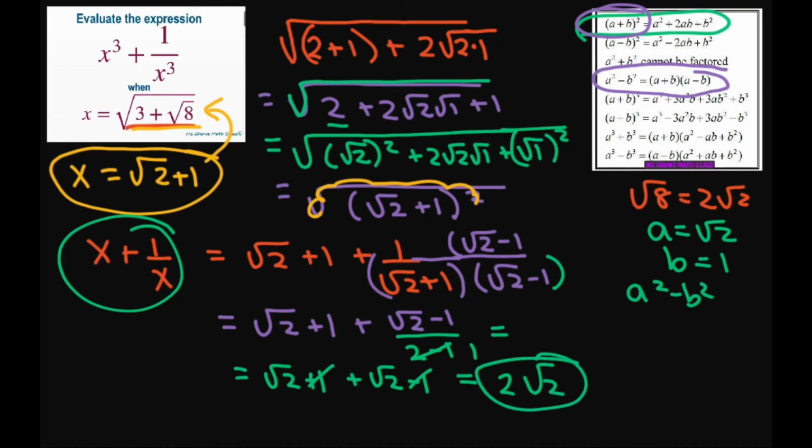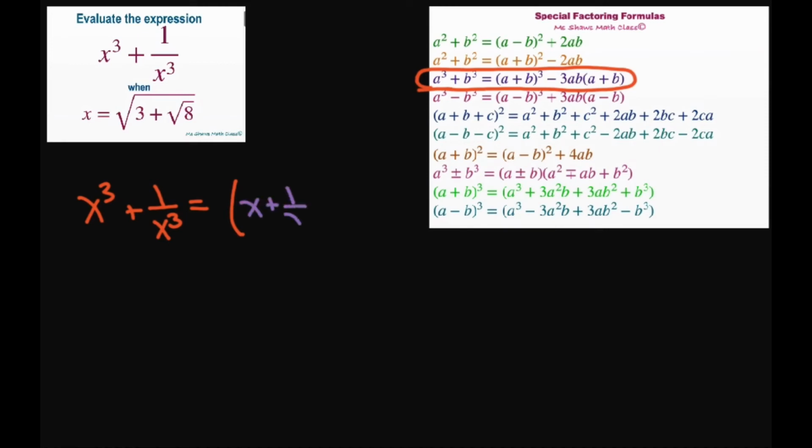So now that we have that, what we're going to do is use special factorization for x cubed plus 1 divided by x cubed. And we're going to write this as this form right here. All right. So basically we're going to write it as x plus 1 divided by x, cubed.